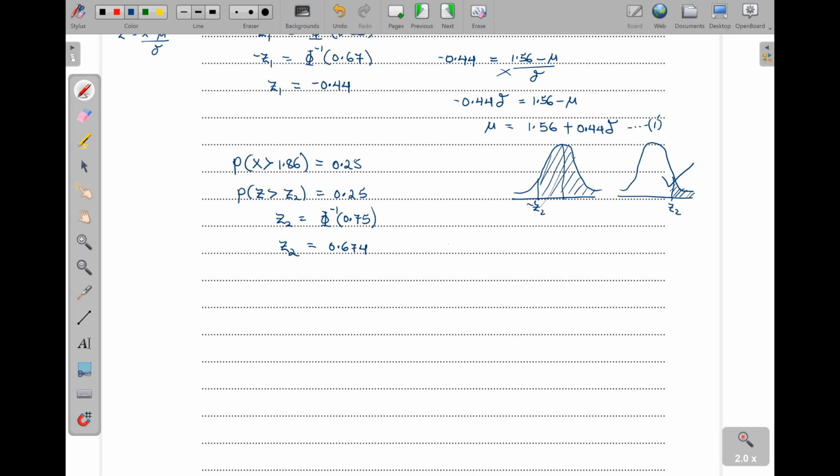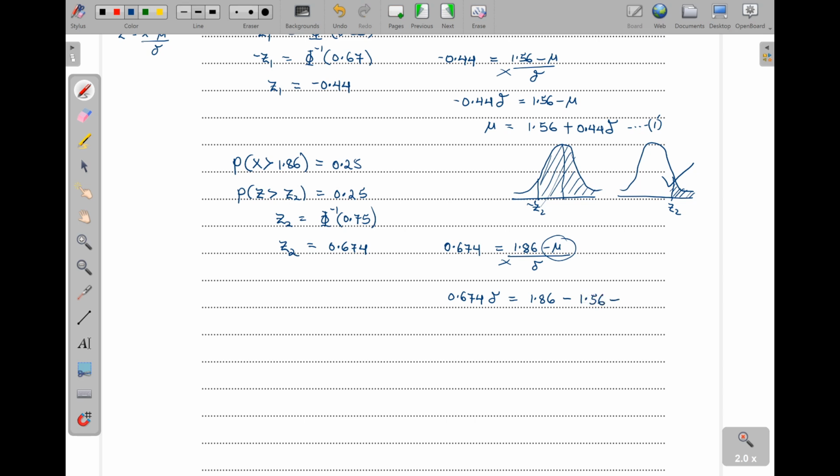So meaning I'm going to have 0.674 equal to X, which is 1.86, minus mu, which I don't know, then divide by the standard deviation. Then cross multiplying, we can get 0.674 sigma equal to 1.86, and then where there is mu, I'm going to put this one here, minus 1.56.